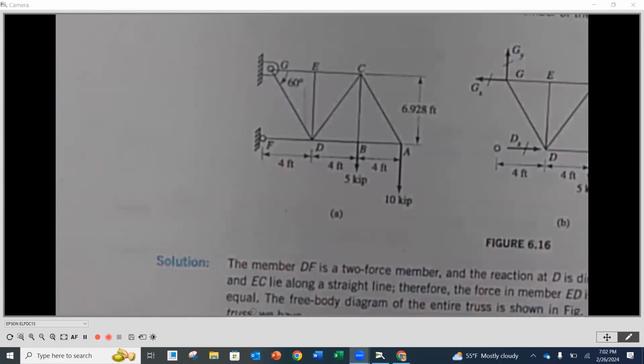Making sure that you put any applied loads and then also represent your reactions at your supports.